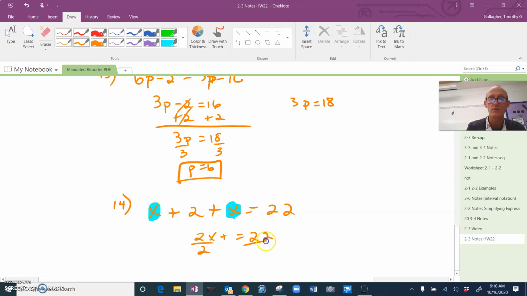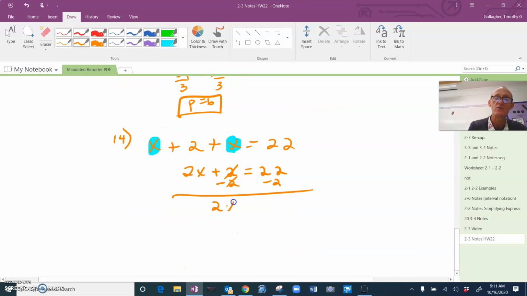Now subtract the 2, and you get 2x on the left, 20 on the right. Divide by 2. X equals 10.